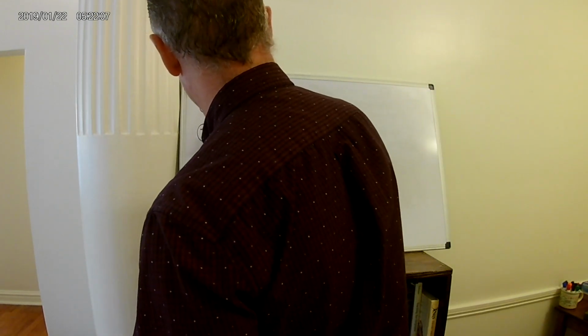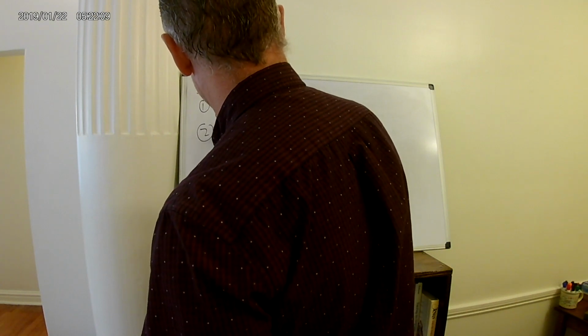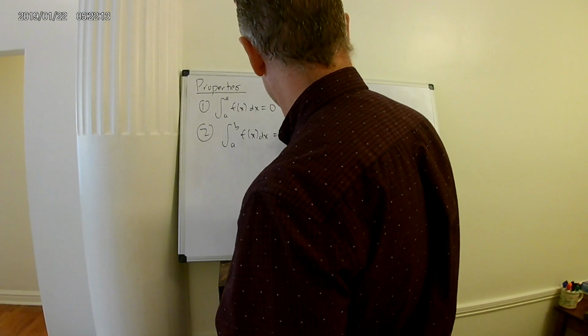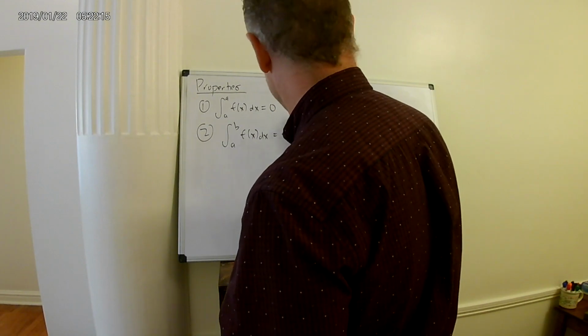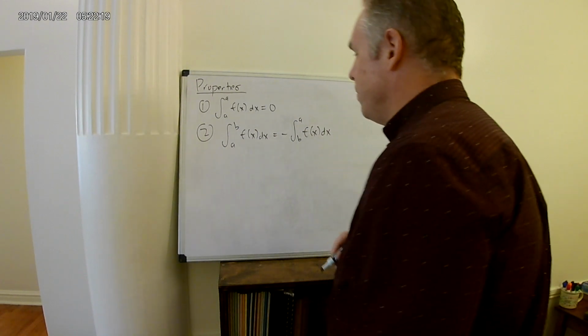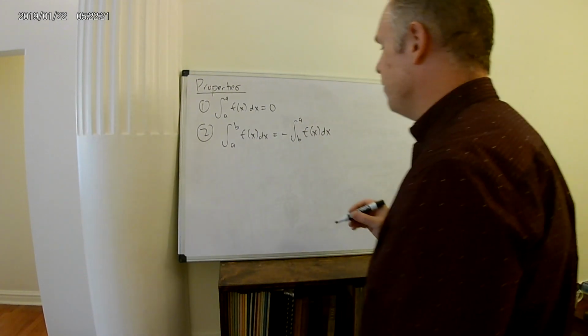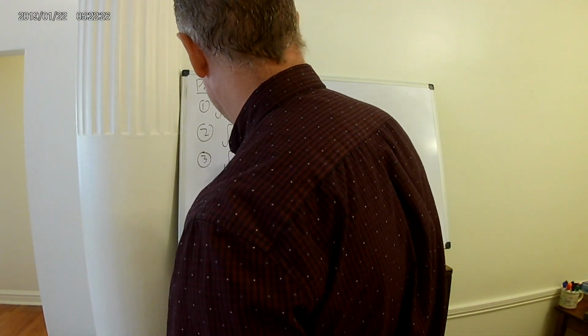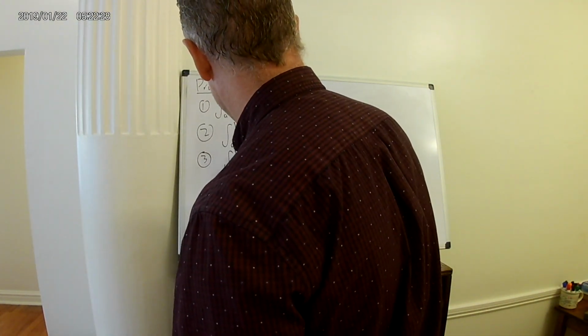Another important property is the integral from a to b of f of x dx equals negative. If you switch the limits, you get a negative here. So the integral from a to b of f of x equals a negative of b to a of f of x. Another important property is if you have the integral from a to b of some constant c dx.